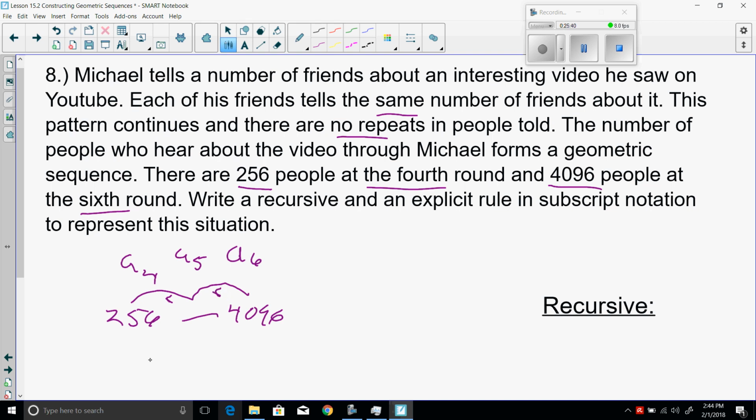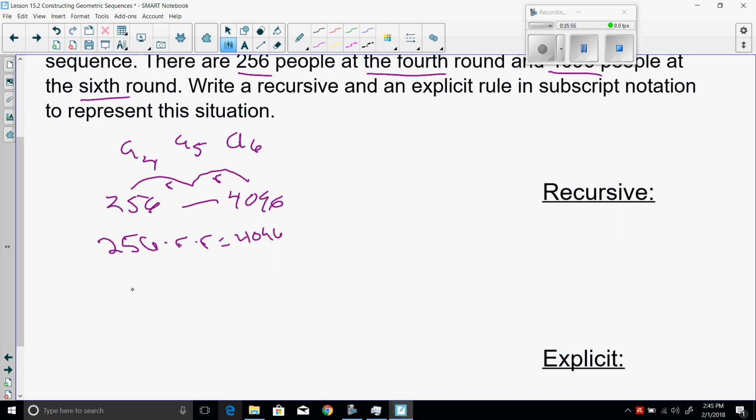So, what does that mean? That means that 256 times r is equal to 4,096. Or 256 times r squared is equal to 4,096. Okay, now, just like before, I'm going to divide by 256, both sides.